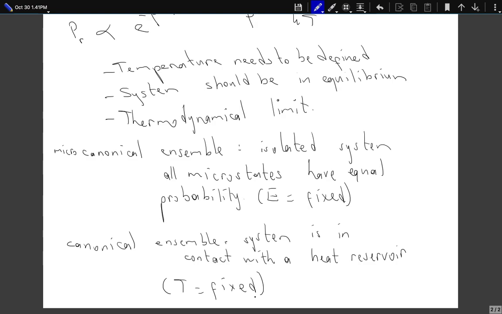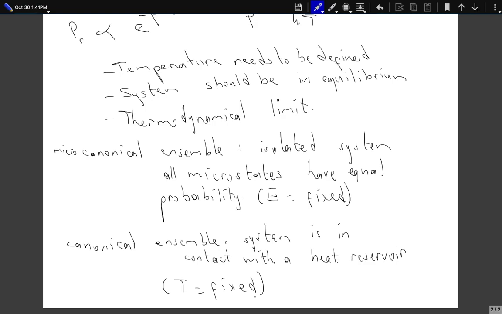Either you say that, okay, let me treat my system and the heat reservoir, both of them together, as my isolated system. If my whole system is an isolated system, how do we calculate the probabilities? Well, it's the number of outcomes that we want divided by the total number of outcomes. But this time, for a given microstate of my system, there will be many microstates corresponding to the heat reservoir.